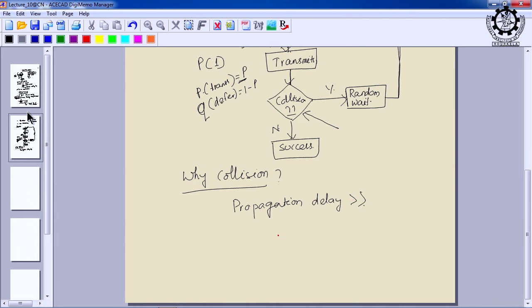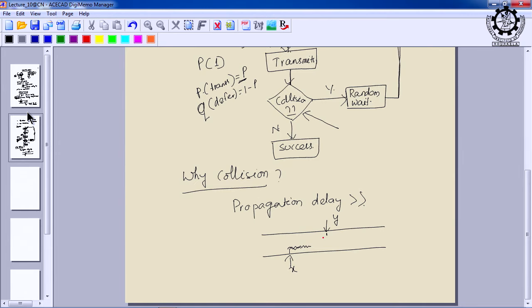Let us say we have a channel like this, one node is transmitting X and its propagation delay is very slow. Just immediately after this, another node Y gets ready and Y senses the channel. By the time Y senses the channel, X's signal has not yet reached Y. So, there is a gap.